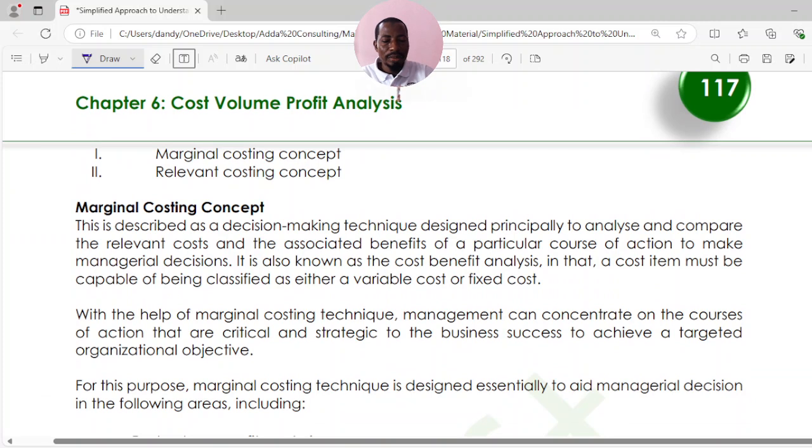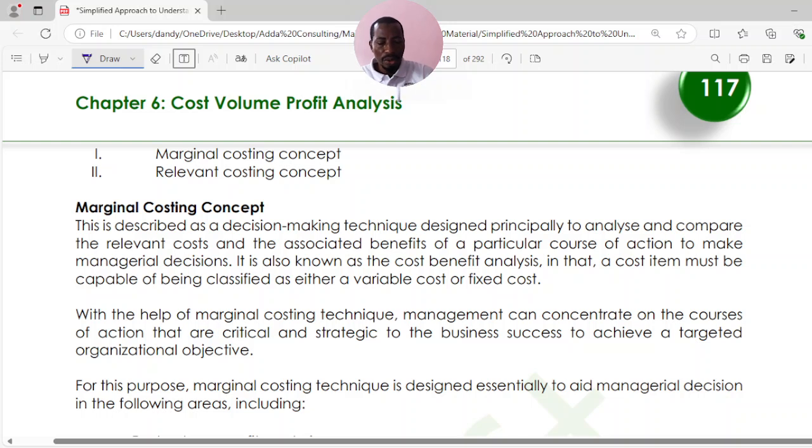The marginal costing concept is a decision-making technique designed principally to analyze and compare the total relevant cost and the associated benefit of a particular course of action in making managerial decisions. It is also known as cost benefit analysis, in that a cost item must be capable of being classified as either variable or fixed cost.